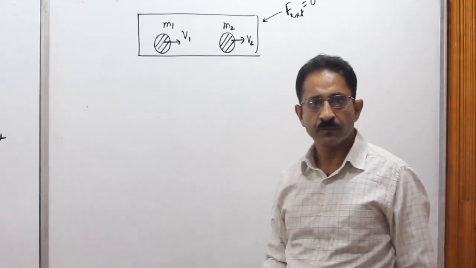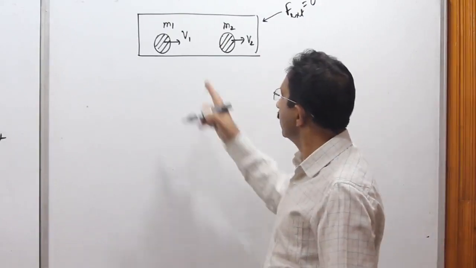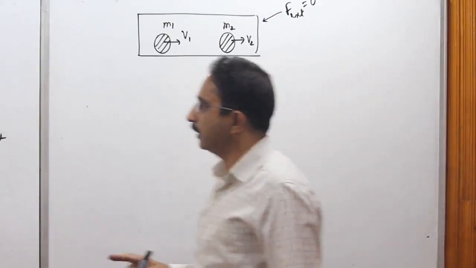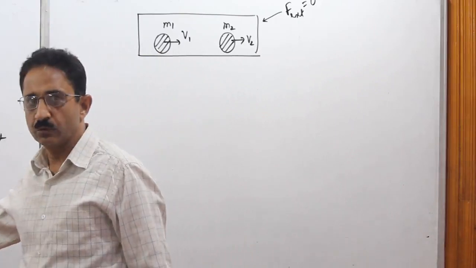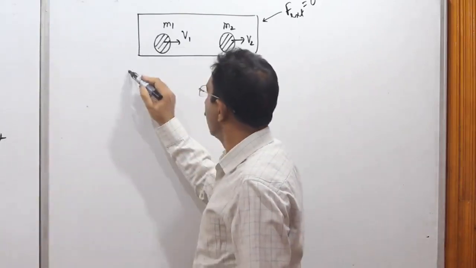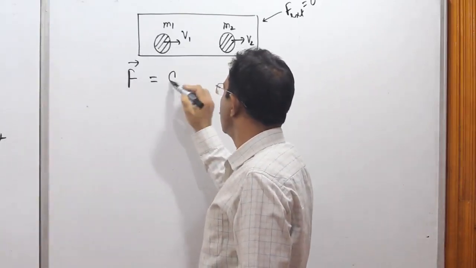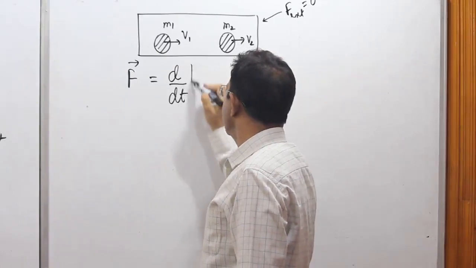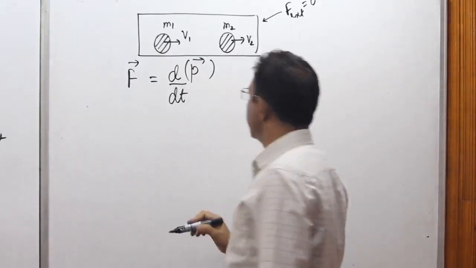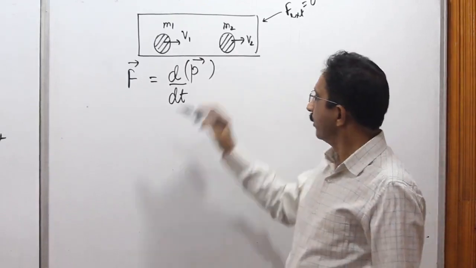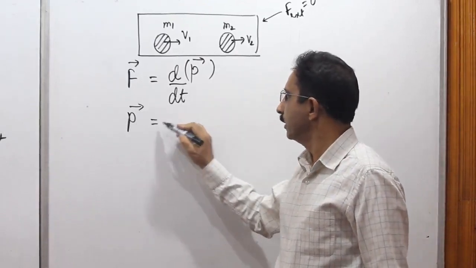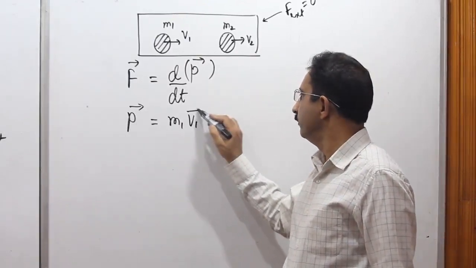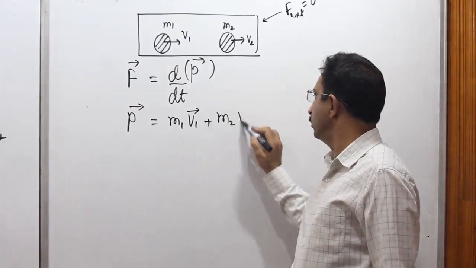That is zero. Now in that situation, I calculate from the same Newton's second law, where I say F is equal to d over dt of P. I calculate the total linear momentum of this system as a product. The product will be m1 v1 plus m2 v2.